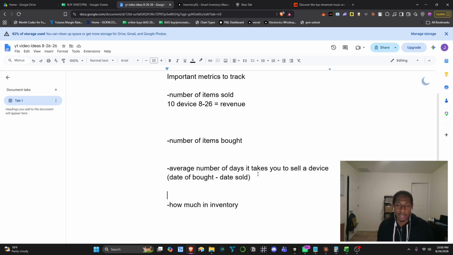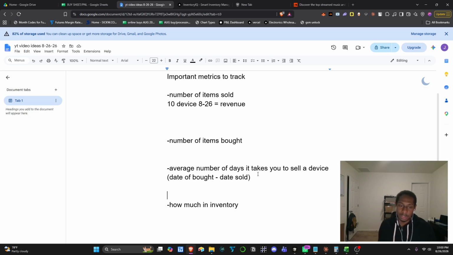You need to track how much money you have in inventory, because it's basically like your net worth, not your net worth, but it's the capital that you have tied up, and the average number of days it takes you to sell a device all relates to the amount of capital that you have in your inventory.